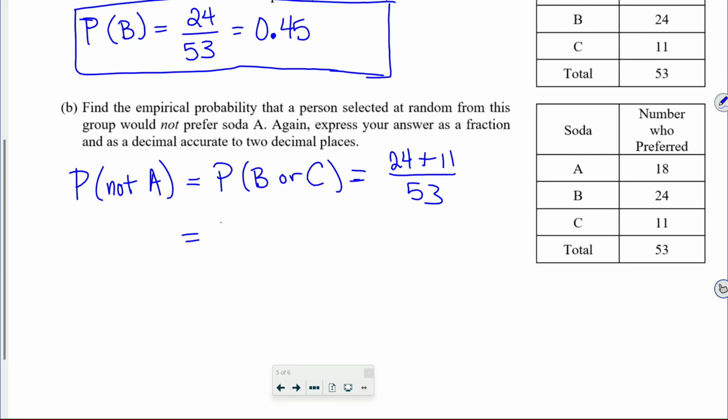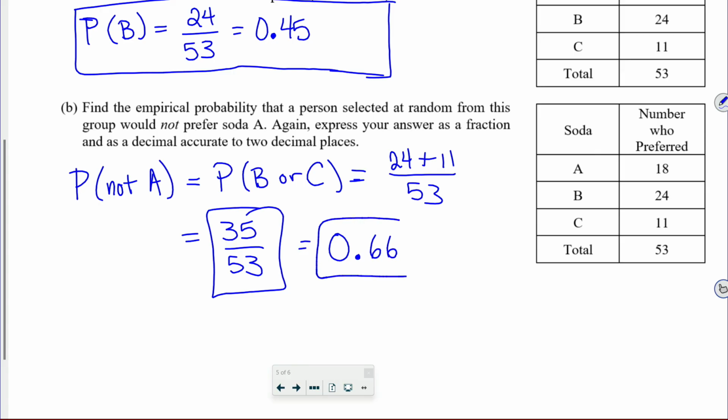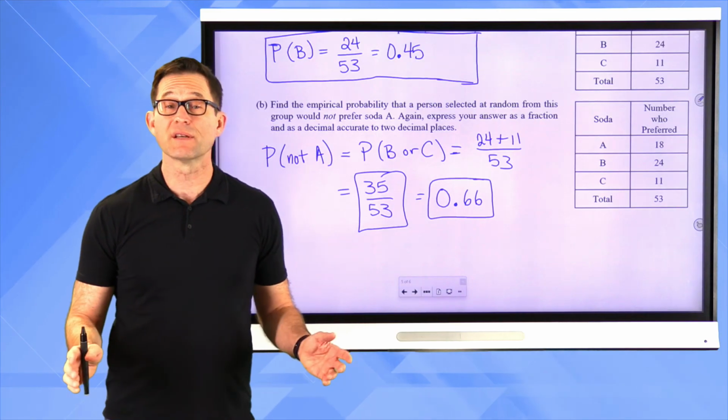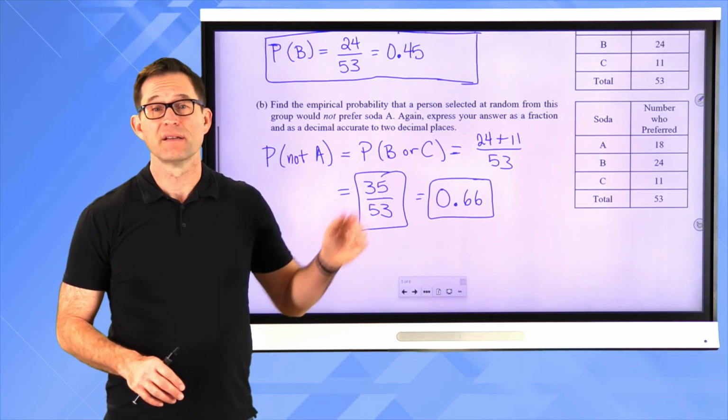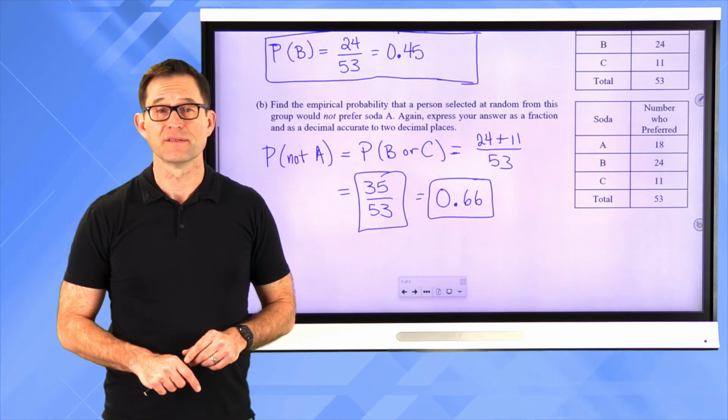So that is going to be 35 divided by 53, and that is our fraction. We won't go back to the calculator now because that seems a little silly, but in terms of a decimal, 0.66, or 66%. But again, they asked for a fraction and a decimal, accurate to 2 decimal places.